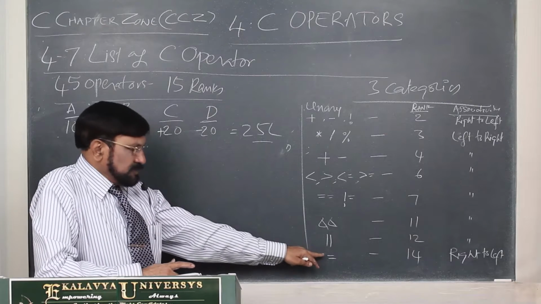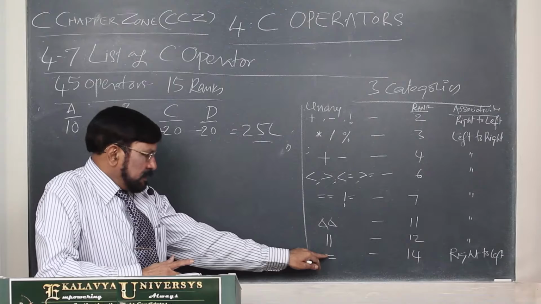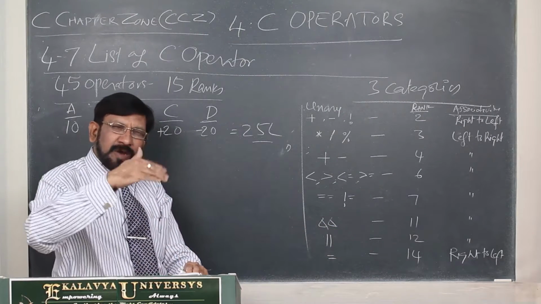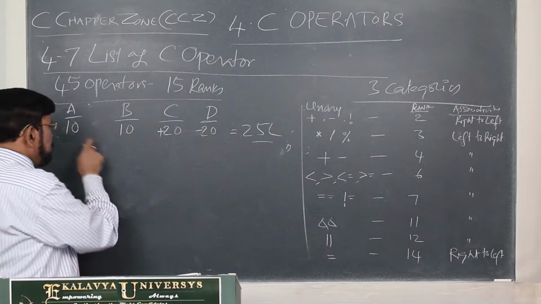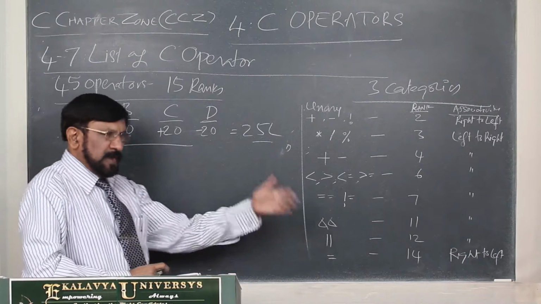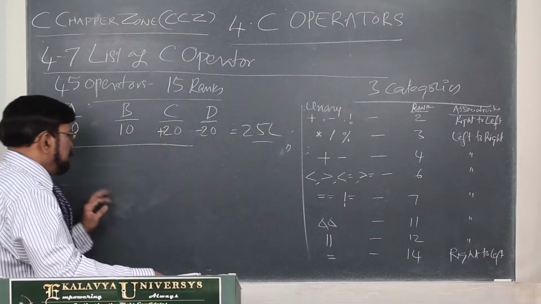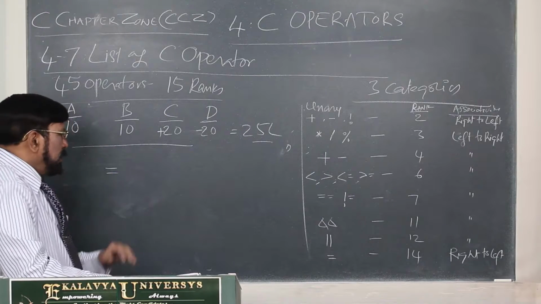And finally, I give you one more example. If you come to this assignment operator, then this is the 14th rank, means last but one rank. Now, just with reference to that, why it came to the least rank, that I have to tell you. Actually, a trader is there, a provision shop owner is there.